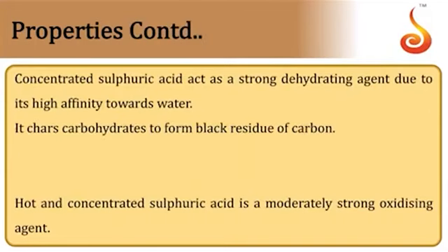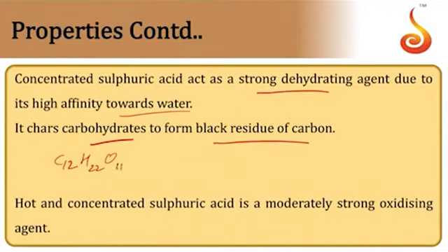The acid has a strong dehydrating property, and it has more affinity towards water molecules. It chars carbohydrates and forms a black residue because of this dehydrating property. Suppose you take a carbohydrate, C12H22O11, in the presence of concentrated sulfuric acid.